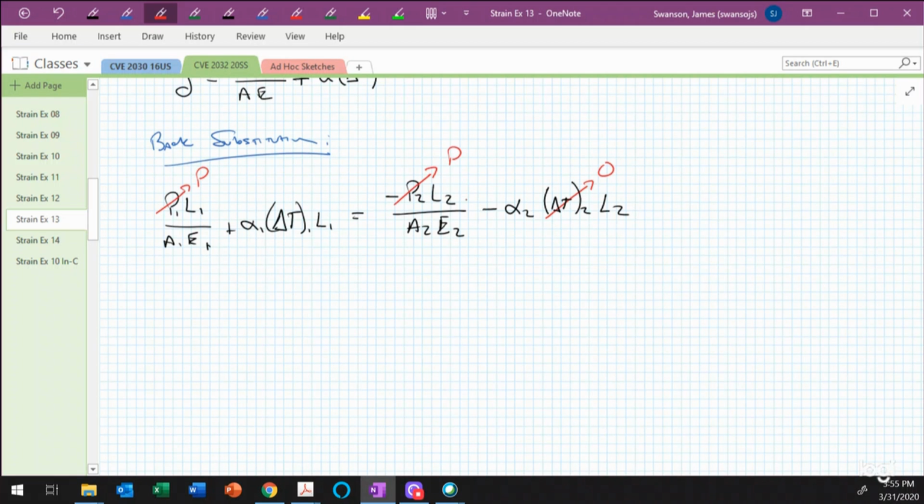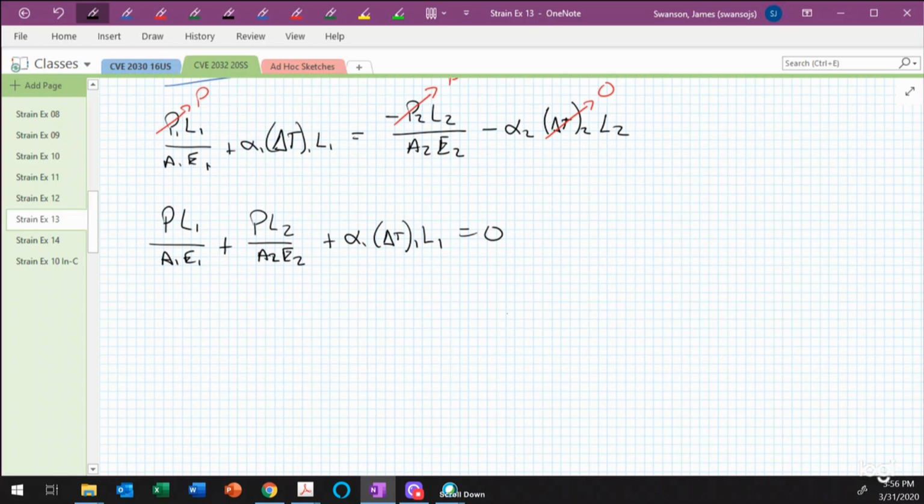So I'm going to start with the part on the left here, and I'm going to say that P times L1 over A1 E1 plus P times L2 over A2 E2 plus alpha 1 delta T1 L1 is equal to 0.